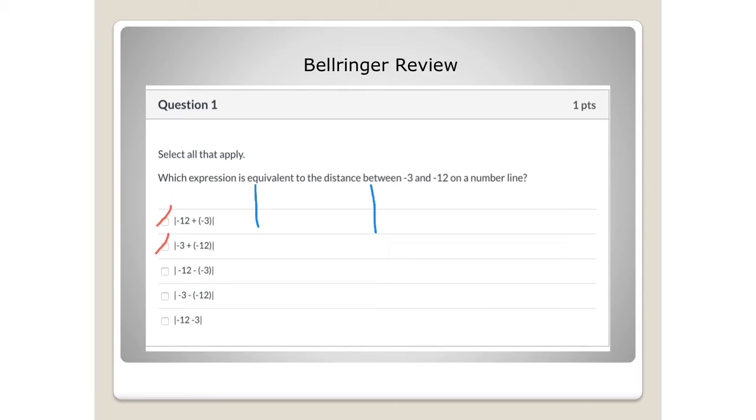First expression or your second expression. They will be in absolute value bars, and they will have a subtraction sign in the center. The first number we're working with is the number -3. So I'm going to put -3 at the front of the first expression, but at the back of the second expression.